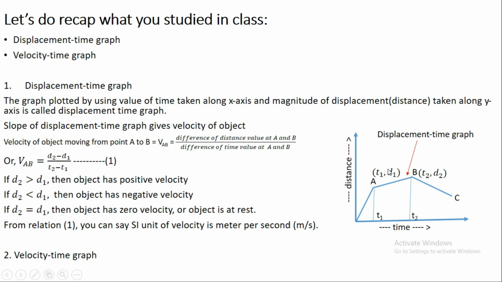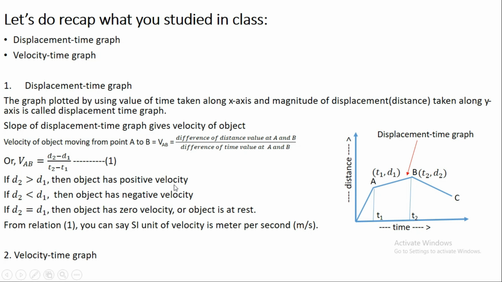If point coordinates are given like this, then you can find the value of velocity like this. Now there are three possible cases regarding the values of d2 and d1. If d2 is greater than d1, then this difference becomes positive, so the object has positive velocity.